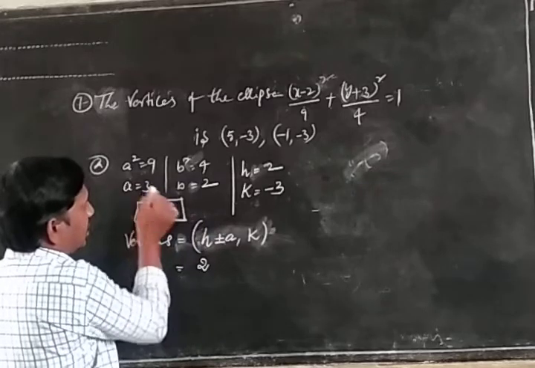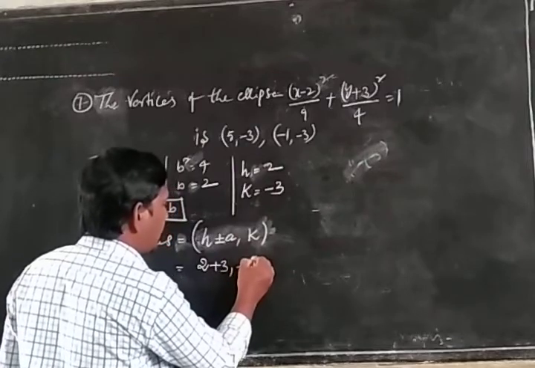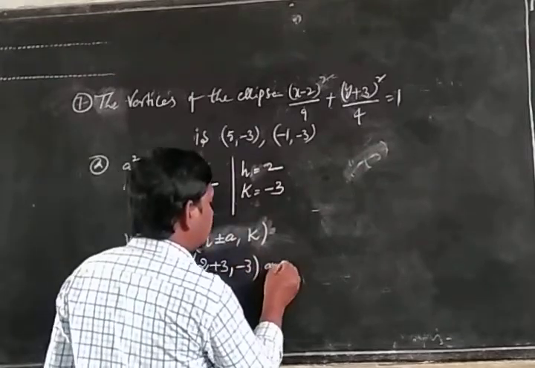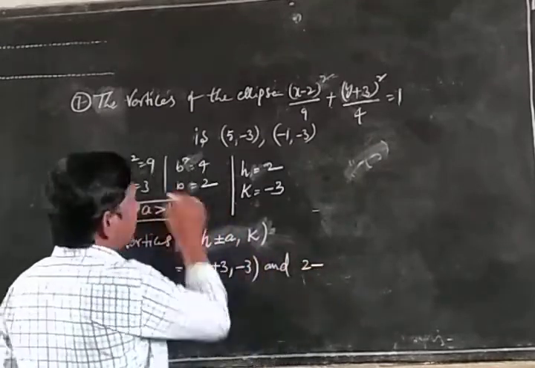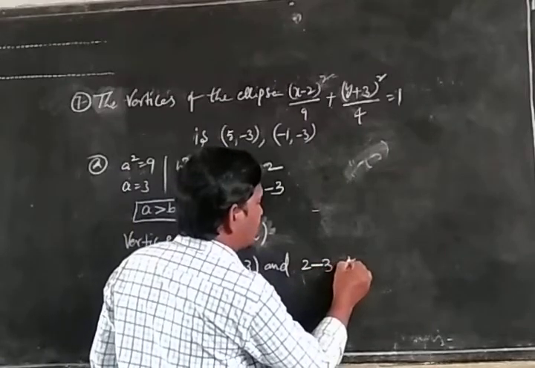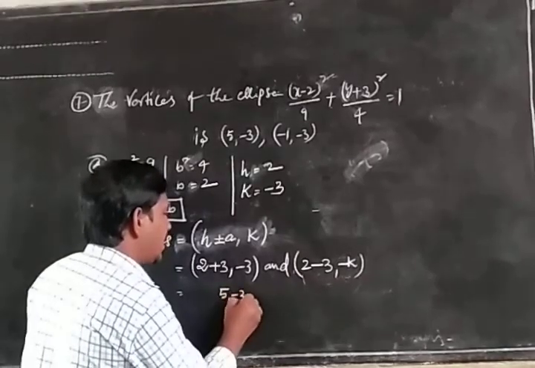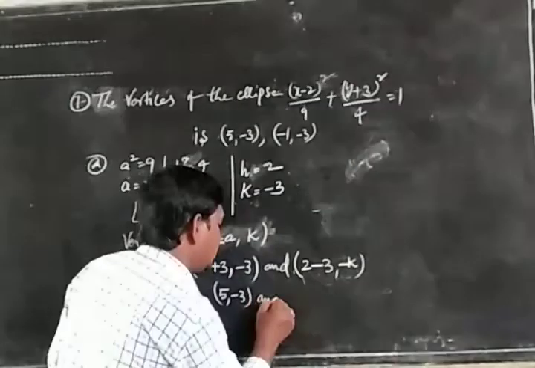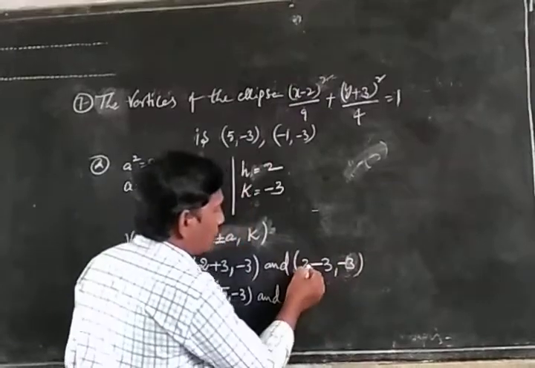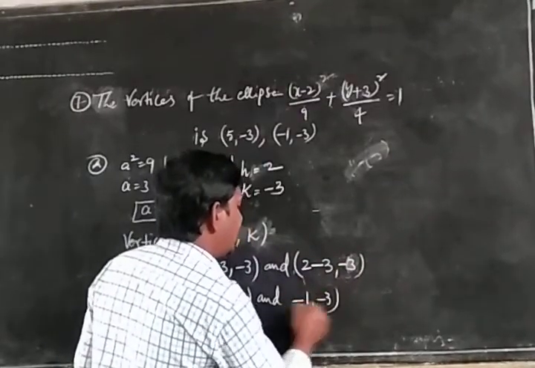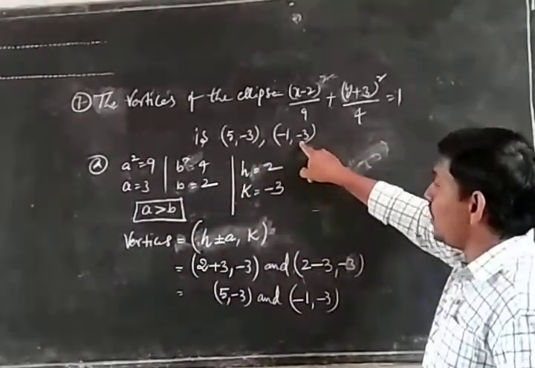Here a means 3, k means minus 3. So 2 plus 3 is 5 comma minus 3, and 2 minus 3 is minus 1 comma minus 3. Okay, what are the given vertices? 5 comma minus 3 and minus 1 comma minus 3.